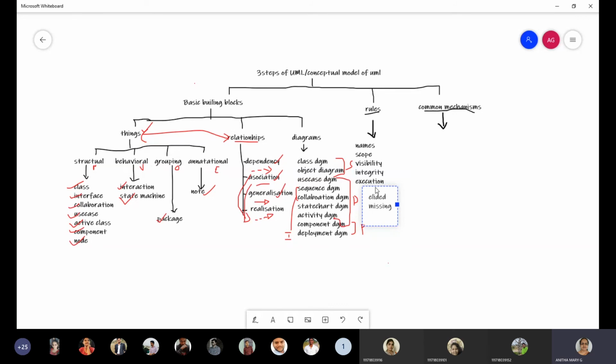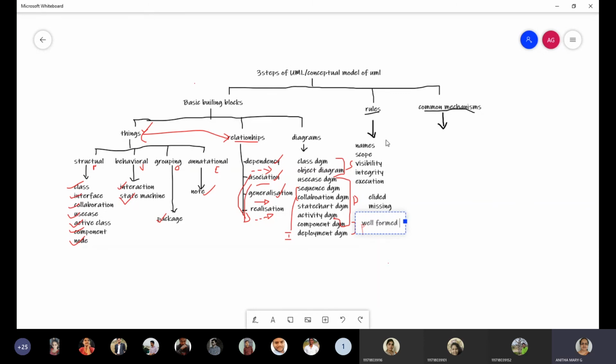Models developed based on the rules become well-formed models, which give successful models.